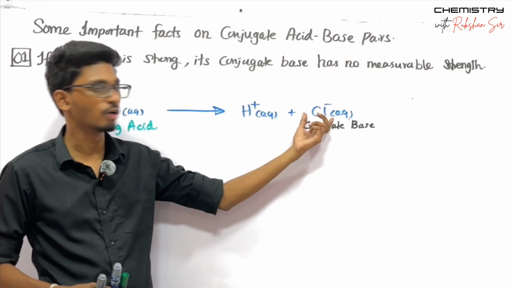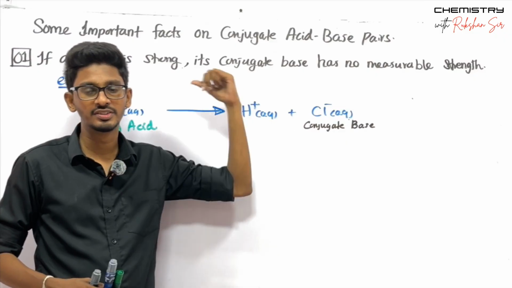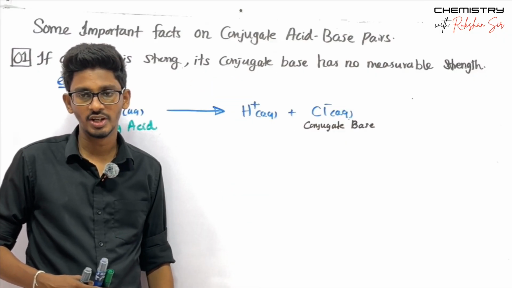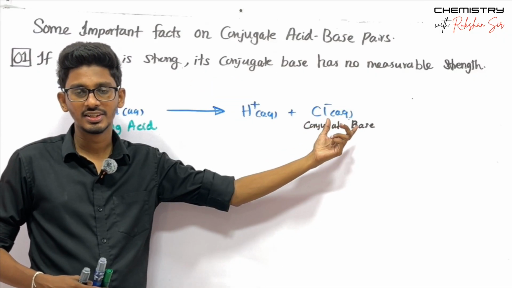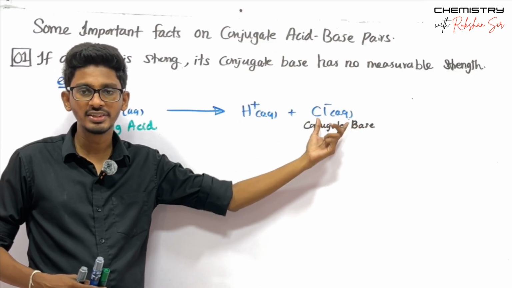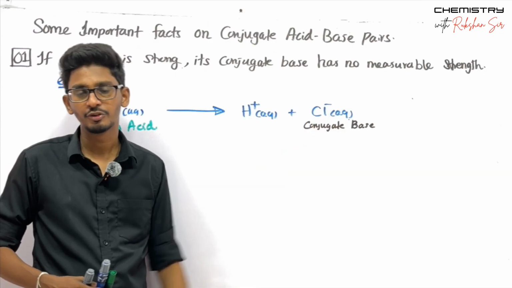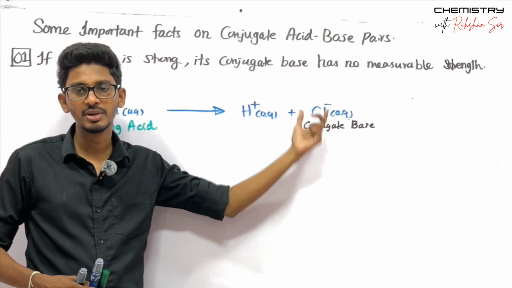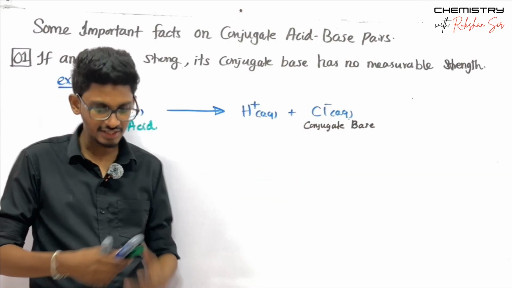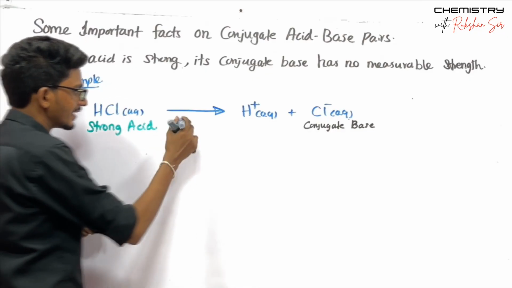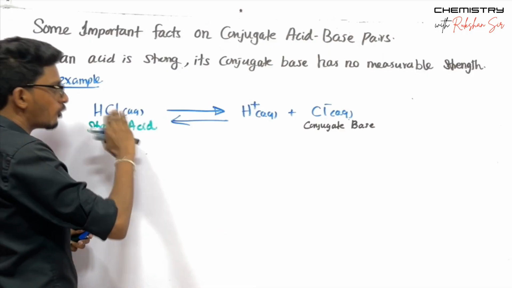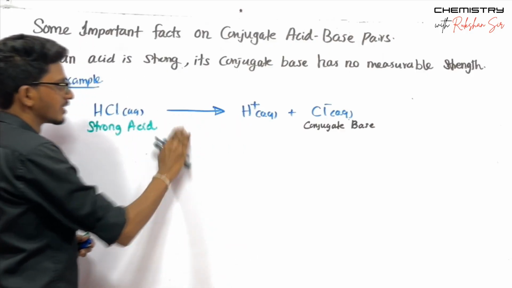So Cl minus is not going to accept H plus to produce HCl again. So Cl minus has no basic property, no measurable basic strength. That is why the reverse reaction won't appear.